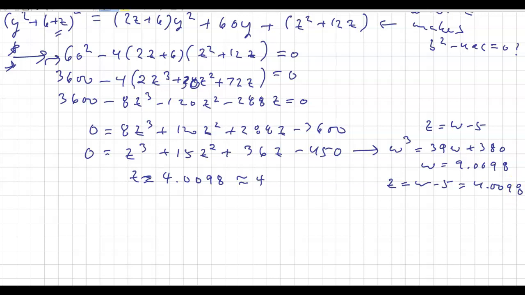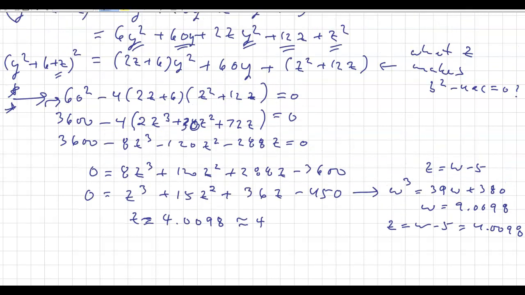All that work was to get the value of z. And now that I know the value of z, I could plug it in into all the occurrences of z.